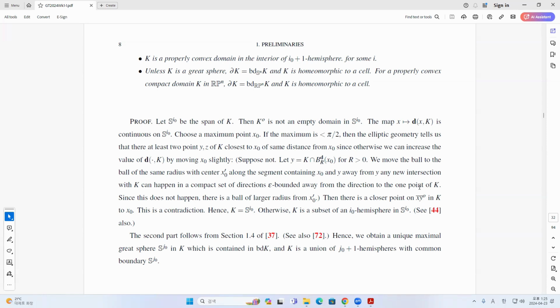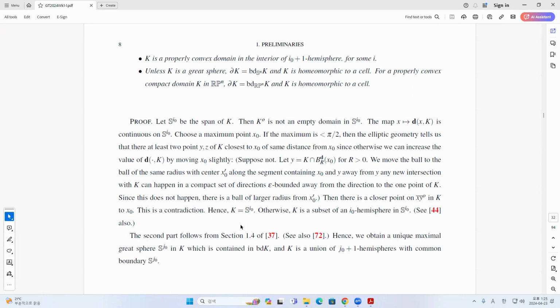Because this is a compact ball, if it happens for all the perturbations, then it will have to still exist in the limit. So this cannot happen. That means if you move it away, then this ball of the same radius is actually disjoint from K, so you can increase the radius of the ball a little bit. So if there are at least 2 points, then we can find the crossover point K0.